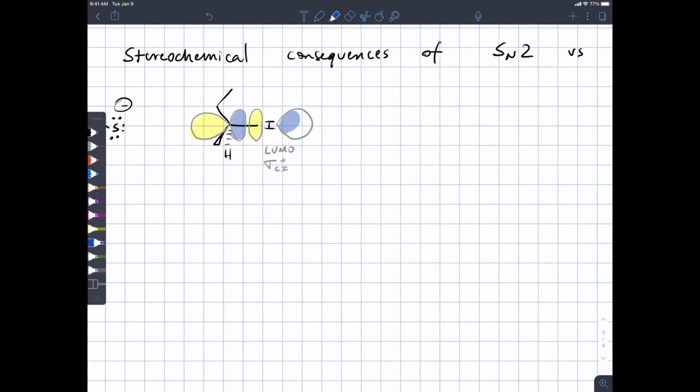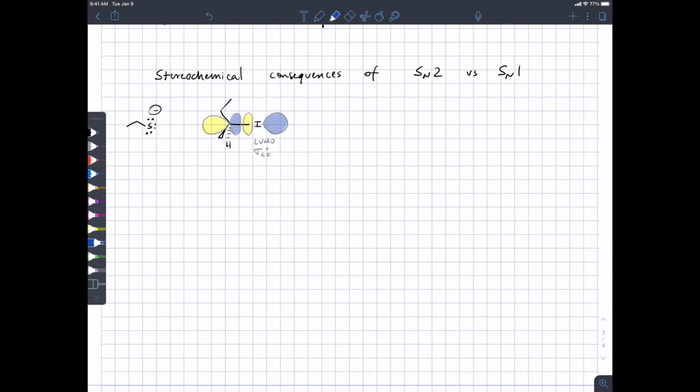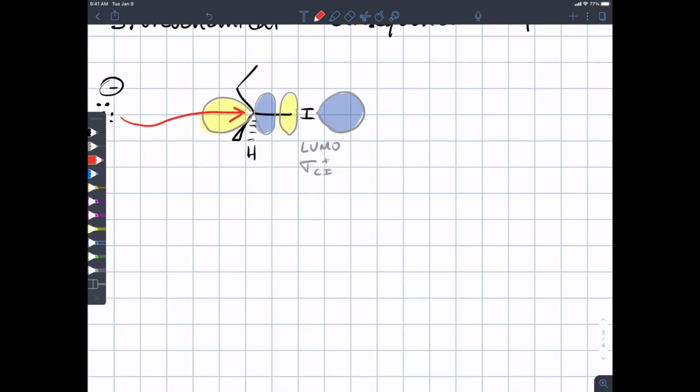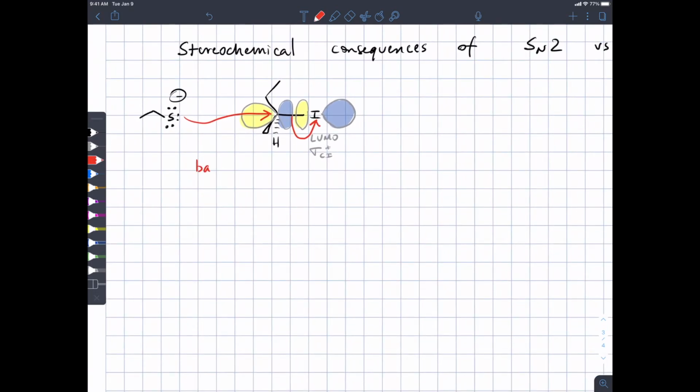We're going to use blue to indicate places where the wave function changes sign. The nucleophile attacks from the backside because that's where the LUMO is. You dump electron density into that antibonding orbital and you break the bond. We call this backside attack.